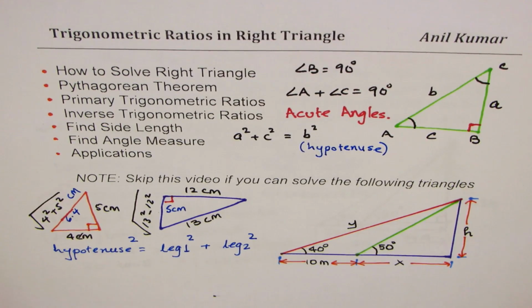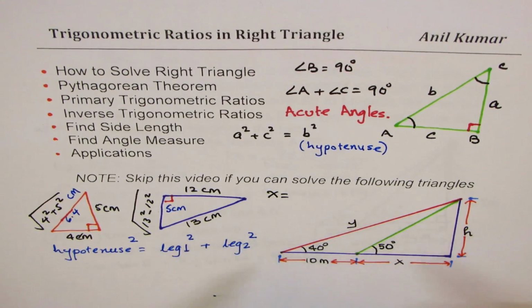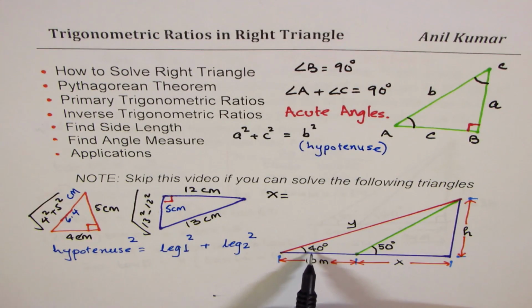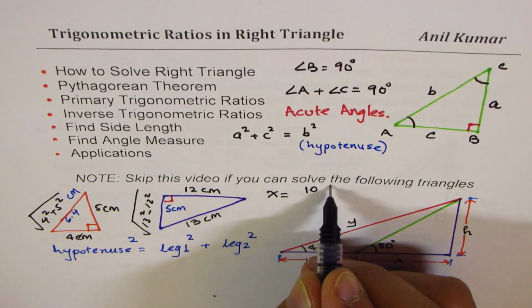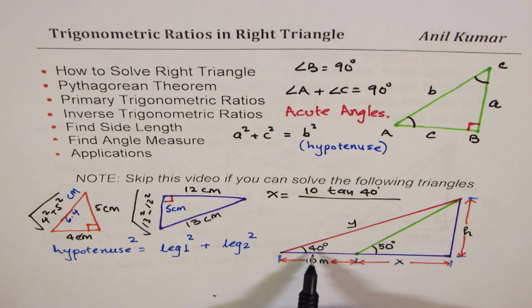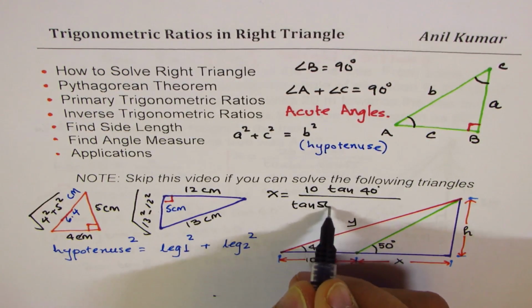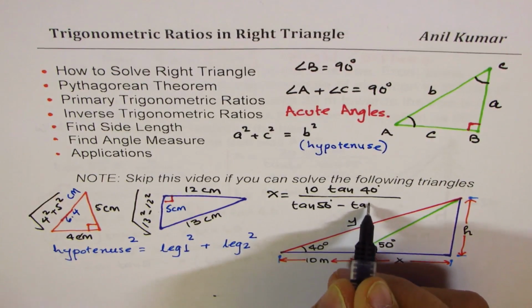So if you use the method which we applied, you can find what x is. So x will be equal to 10 times tan of 40, right? 10 times tan of 40 degrees divided by the difference of these two, right? So tan of 50 degrees minus tan of 40 degrees.